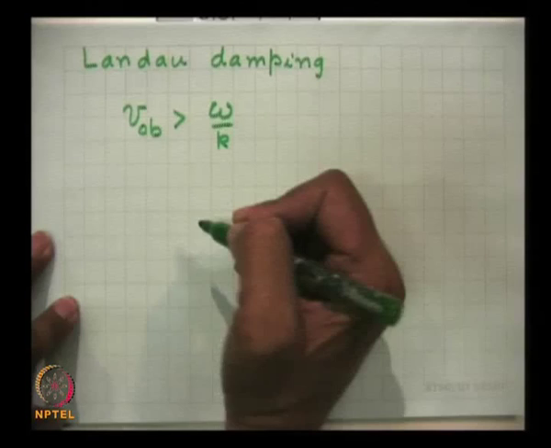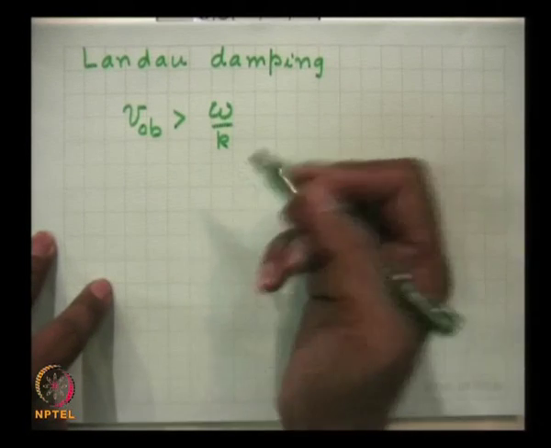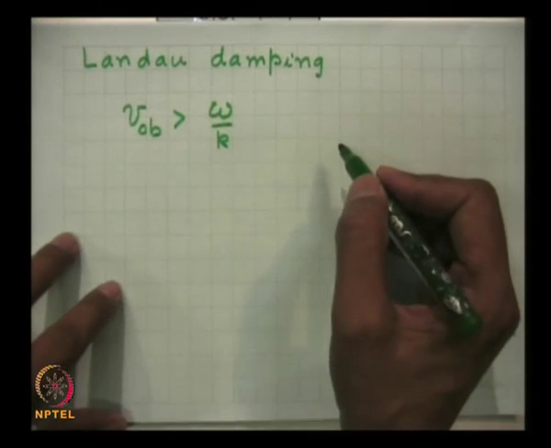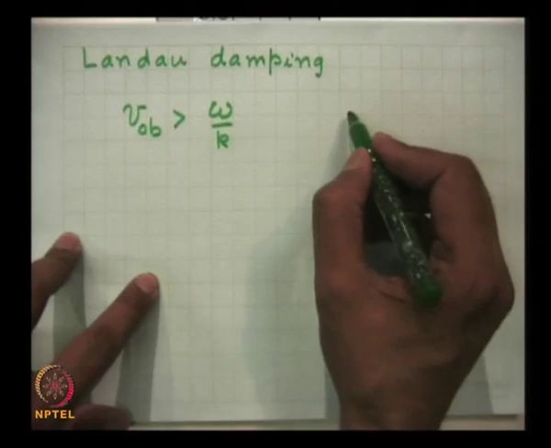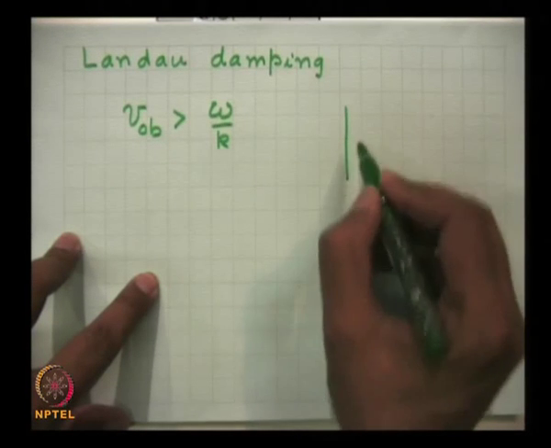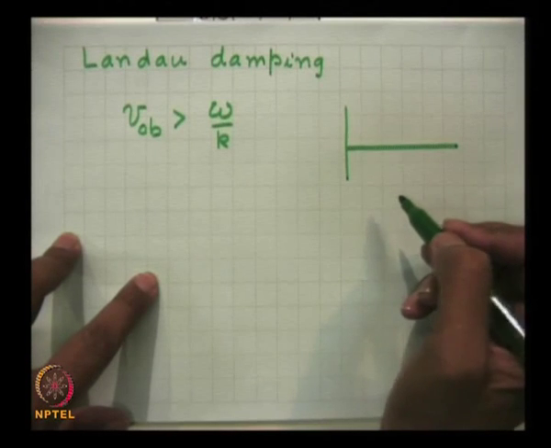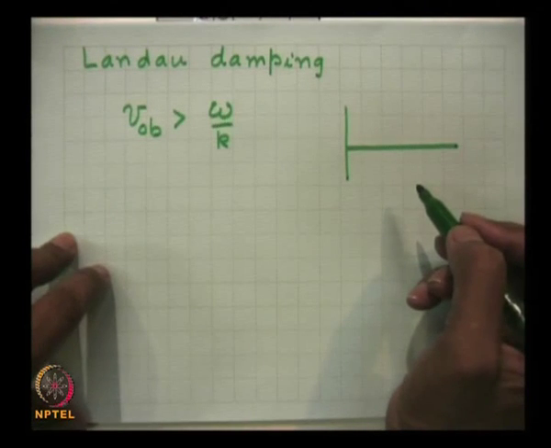Now, suppose I have a plasma which has a Maxwellian velocity distribution function. Suppose a plasma is in thermal equilibrium, there is no beam.